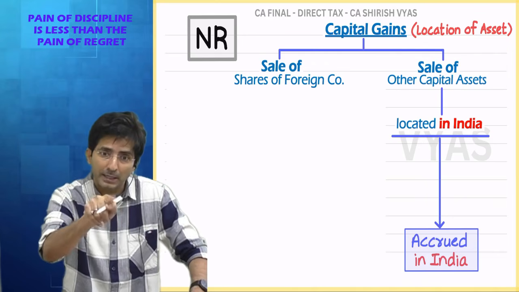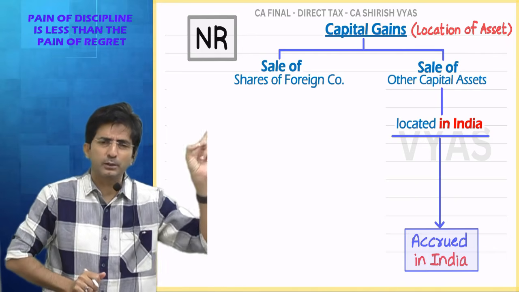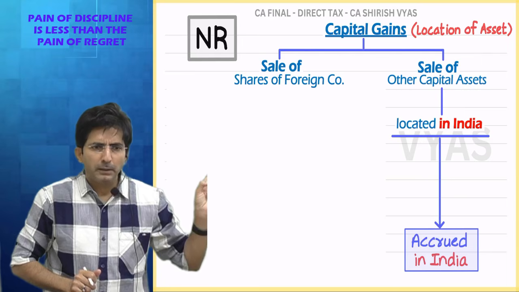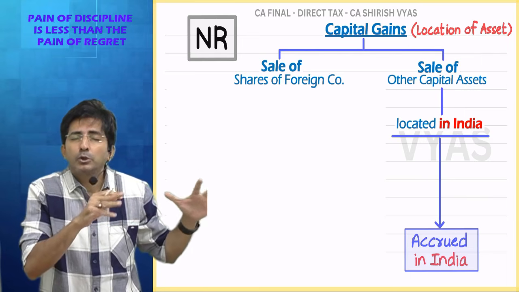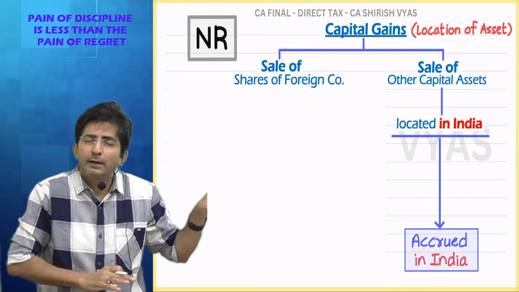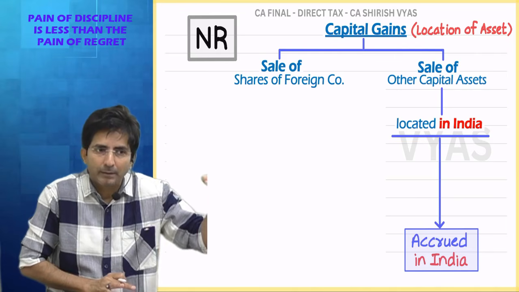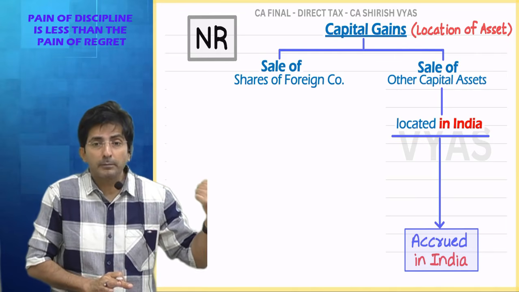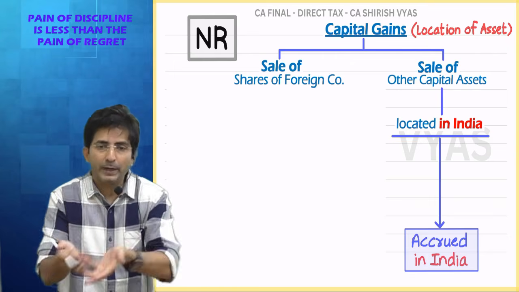But there is one exception here. Imagine the non-resident has shares of a German company, but in the balance sheet of that German company, of which shares are held by the NR, more than 50% of the assets are located in India.